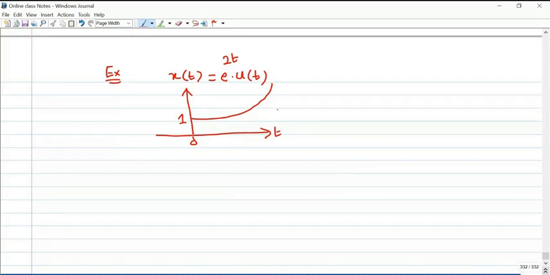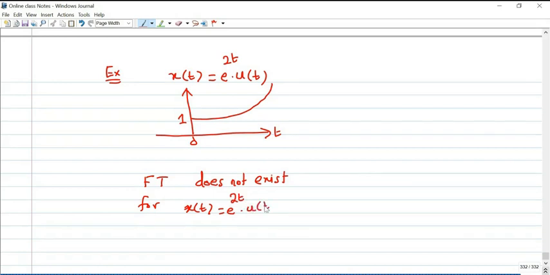Unbounded signal, or in terms of system, unstable system. So Fourier transform does not exist for x of t equal to e power 2t dot u of t.